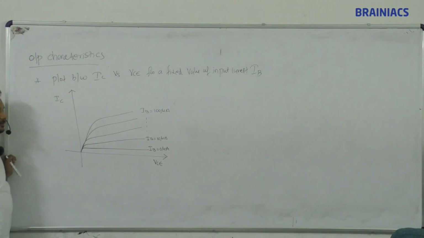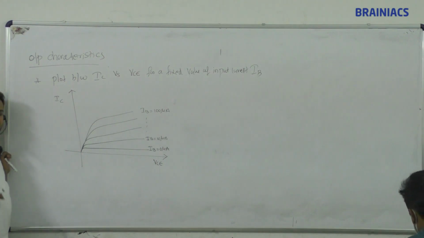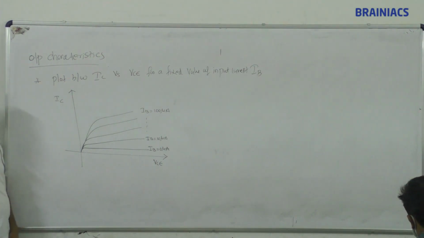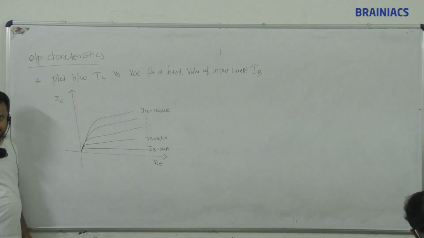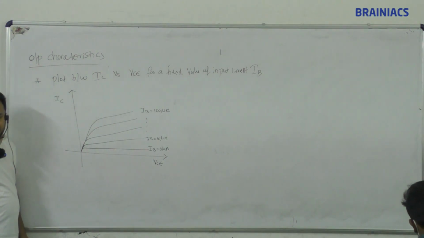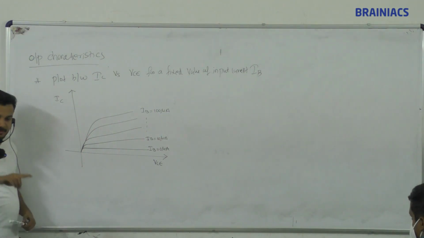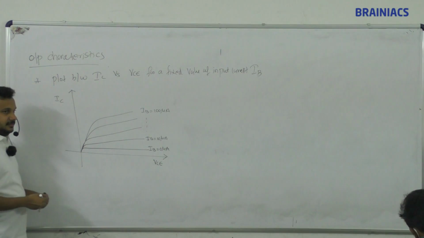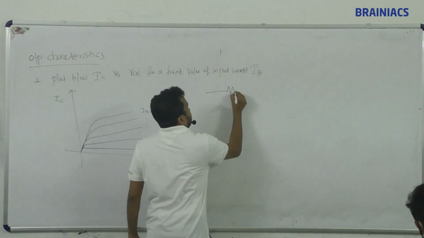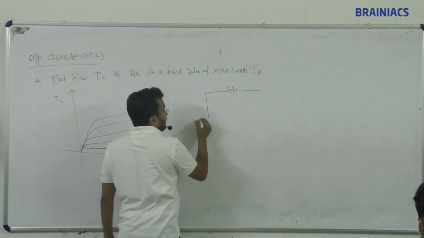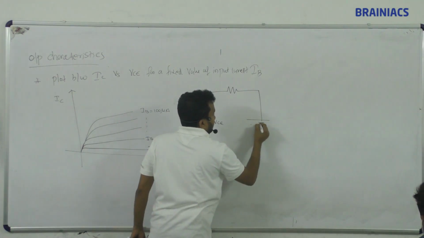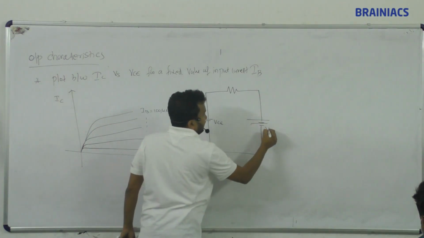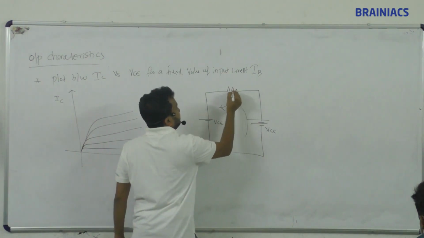What we have done in the previous circuit, you have seen we have a VCC. In the circuit diagram we have drawn VCC, ammeter, voltmeter, and the VCC is changing. Whenever you change VCC, can you do a KVL there? Here the voltage is VCE, and here it is plus VCC.